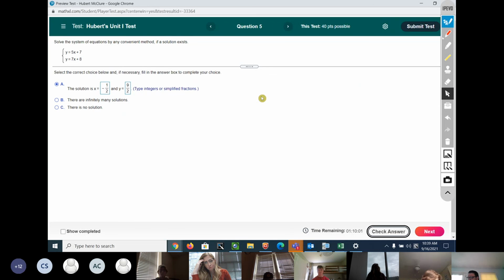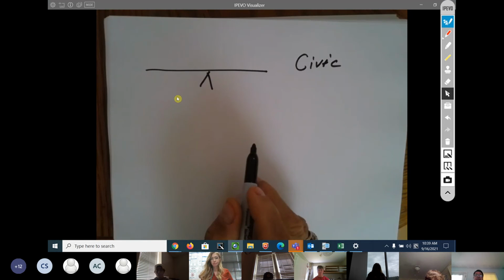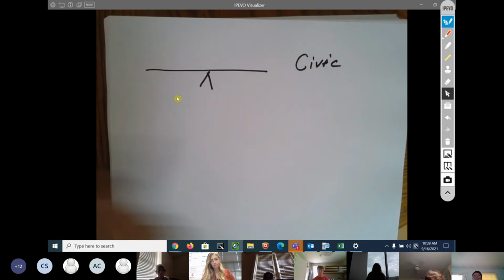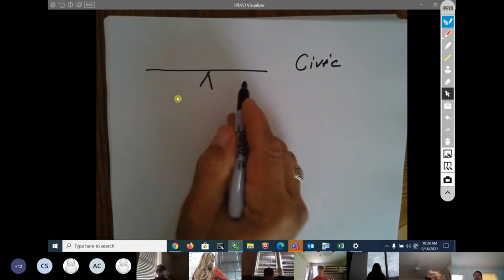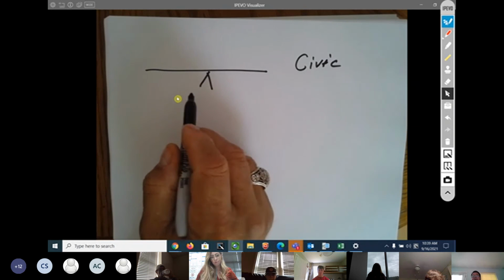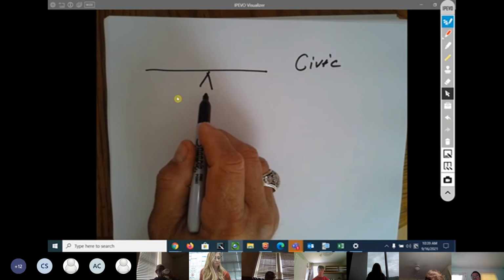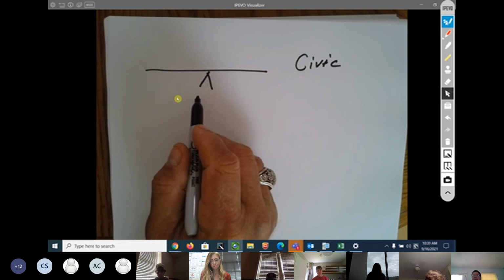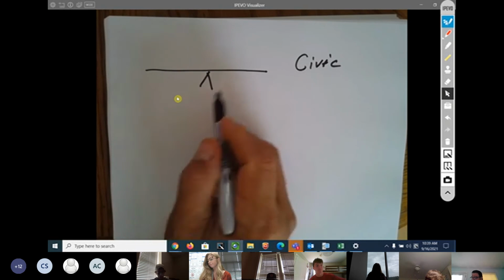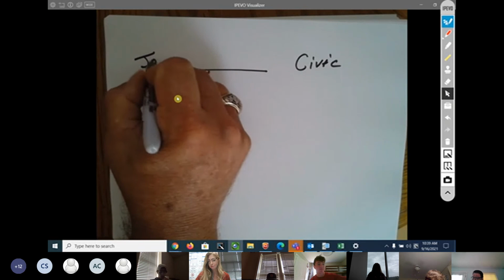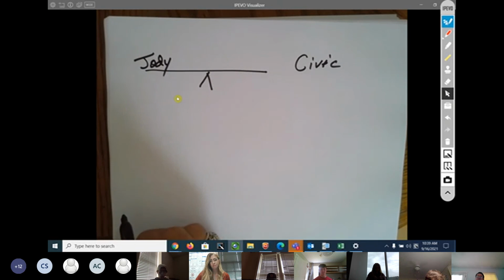Let's say you go to Civic Center. Okay, y'all know where the Civic Center is, right? Anderson, and there's a playground up there. There's a teeter-totter. We call it around here a seesaw, but we're ignorant, so we don't know what they're properly called. They're called a teeter-totter. And your son Jody sits on that side.